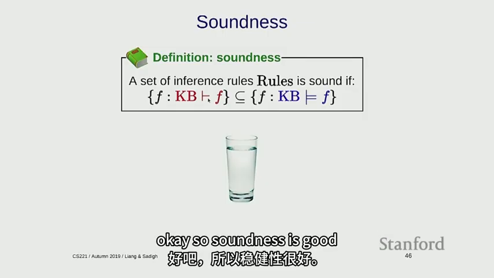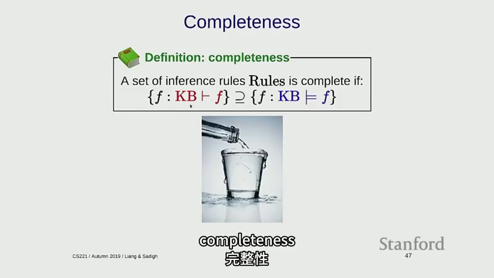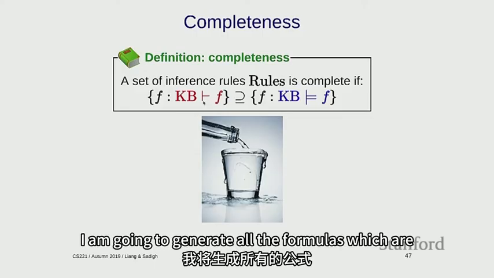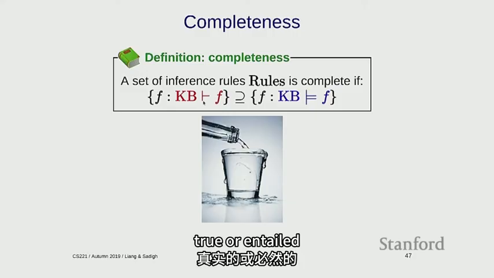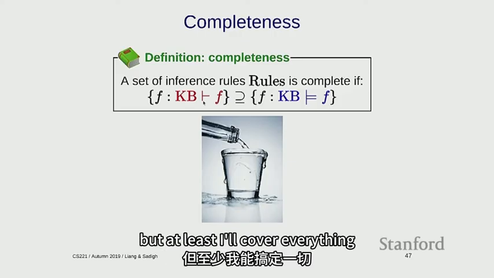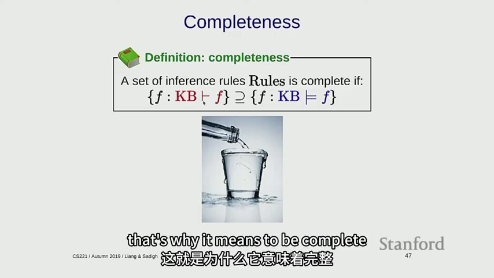Okay, so soundness is good. Completeness says the other direction, which says that I am going to generate all the formulas which are true or entailed. I might generate extra stuff, but at least I'll cover everything. That's what it means to be complete.